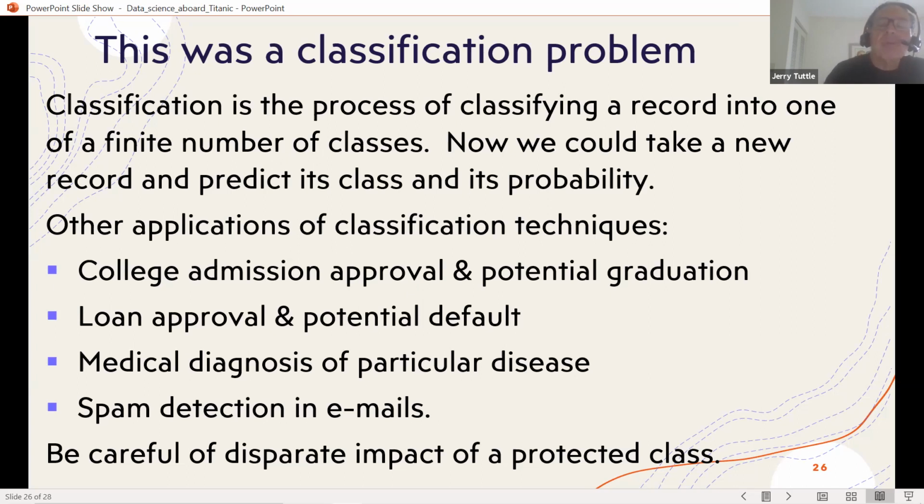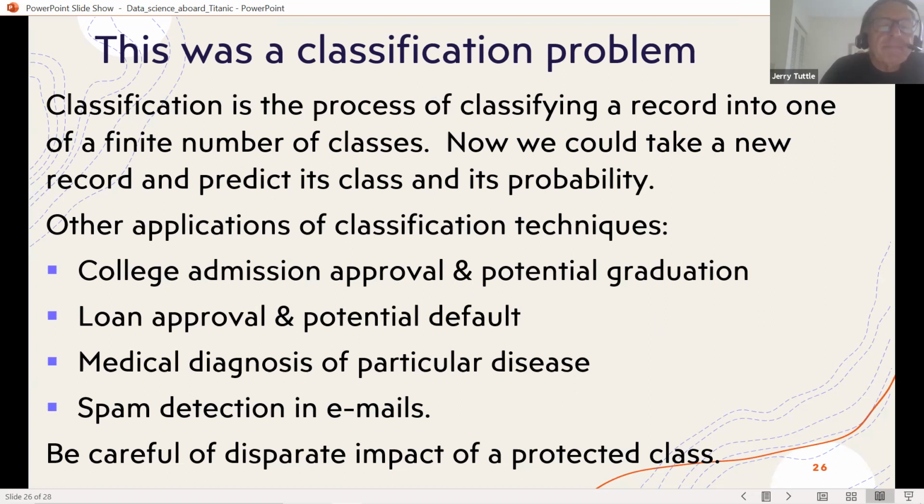But this problem of classification turns up in a lot of places. I don't know if FGCU has anything like this, but college admission, you could certainly create a classification problem for students in general or math majors in particular.